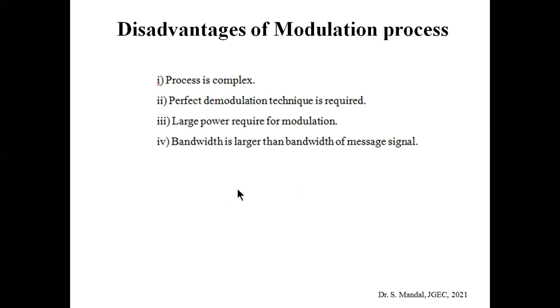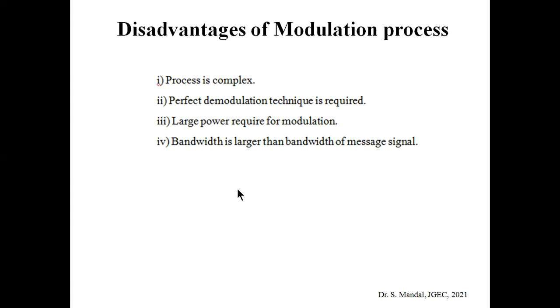Okay, now coming to the disadvantages of modulation. Although we need to use a high frequency signal to send the message signal over a long distance efficiently, the technique has some disadvantages also.